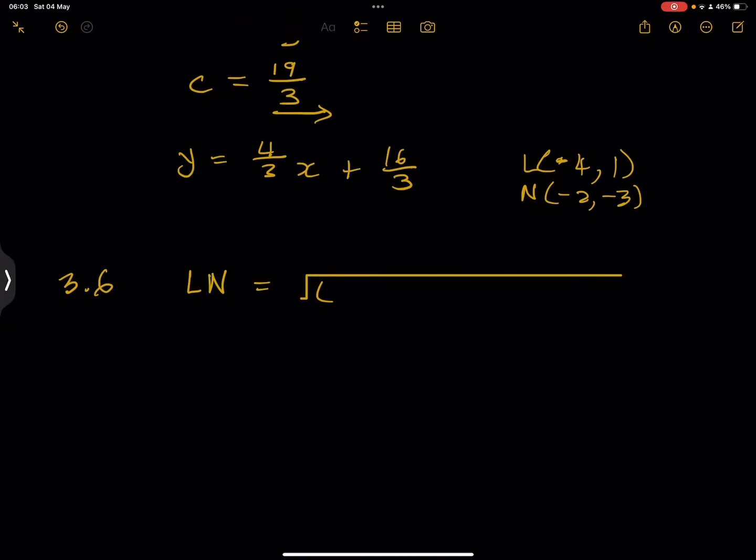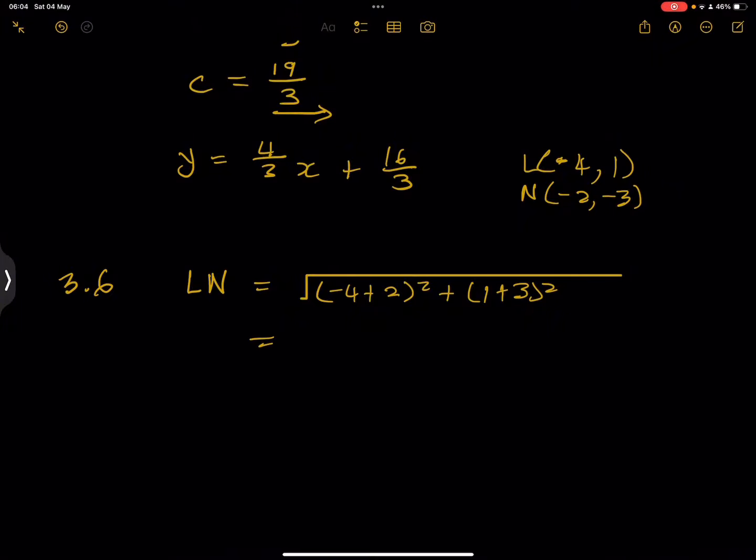So this would be -4, x2 minus x1. So this is -4 plus 2 all squared plus y2, that's 1 plus 3 all squared. All right, so what do we get there?